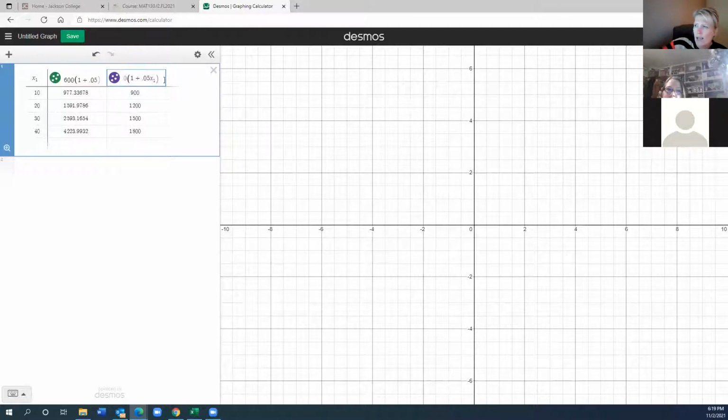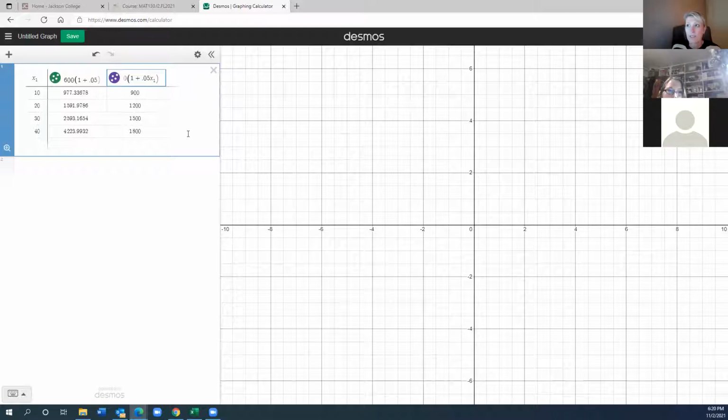Nope, the x1 is identifying that I'm using column 1. So it's saying I want to use what's in column 1 as my years.